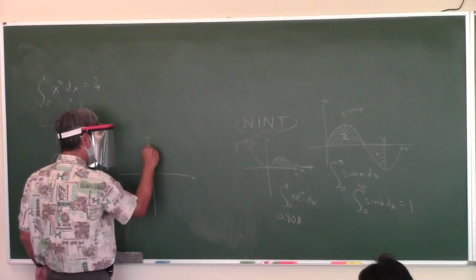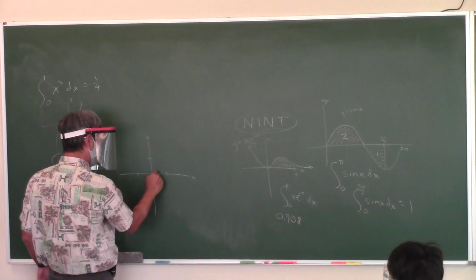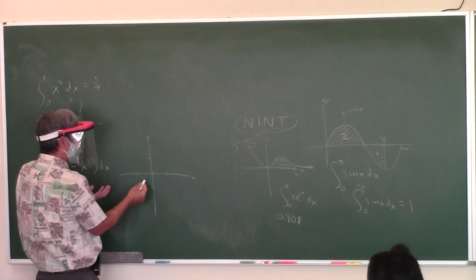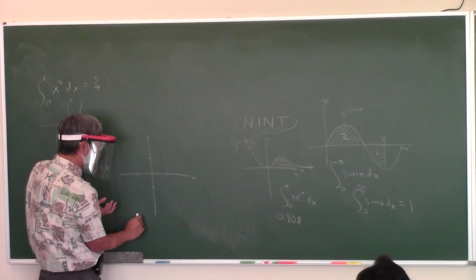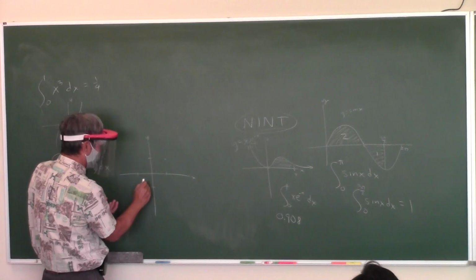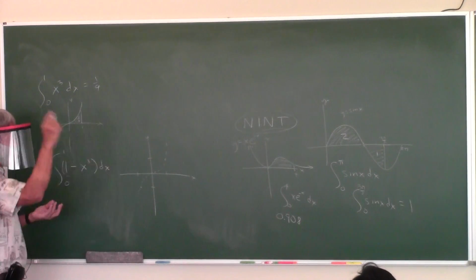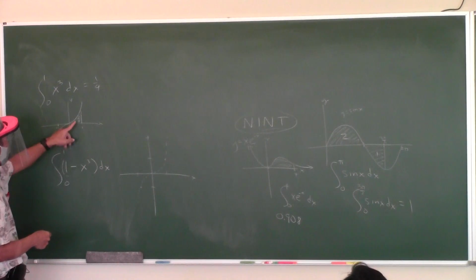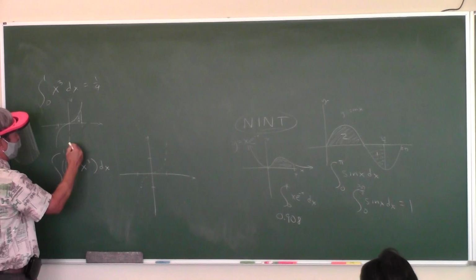You gotta be able to graph. When you draw this graph, to me the easiest way is to go through 0, 0 and 1, 1. It goes like this. And you have to get the concavity correct. If you just draw it kind of straight, that would be a half.